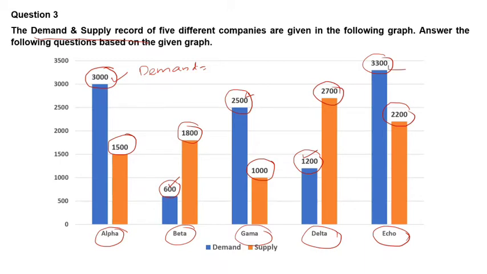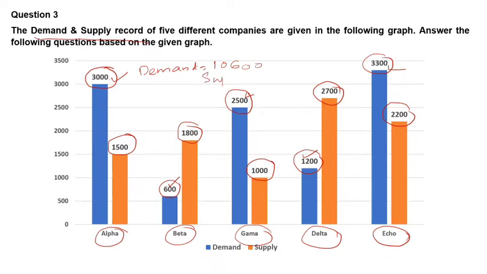So when you add it, it becomes 3000 and 3300, it becomes 6300, 6300 and 1200, 7500, plus 2500, 10,000, 10,000 plus 600. So total it becomes 10,600. That is the total demand.